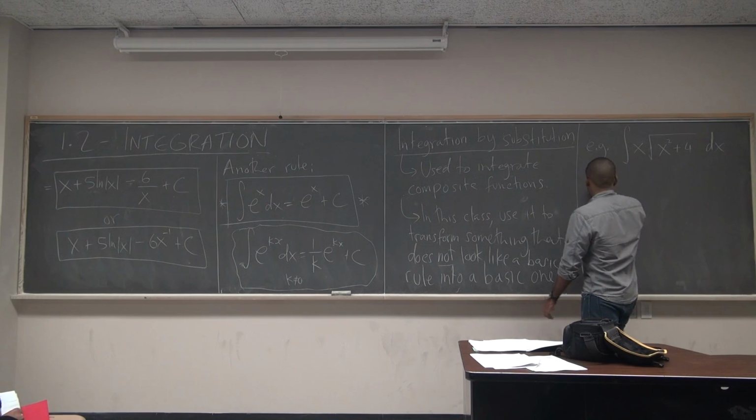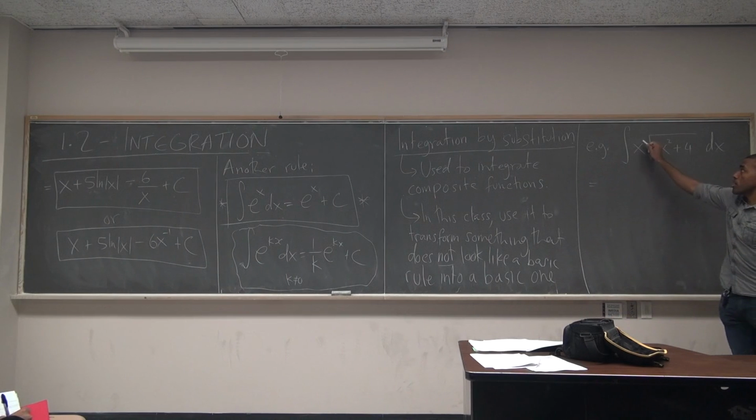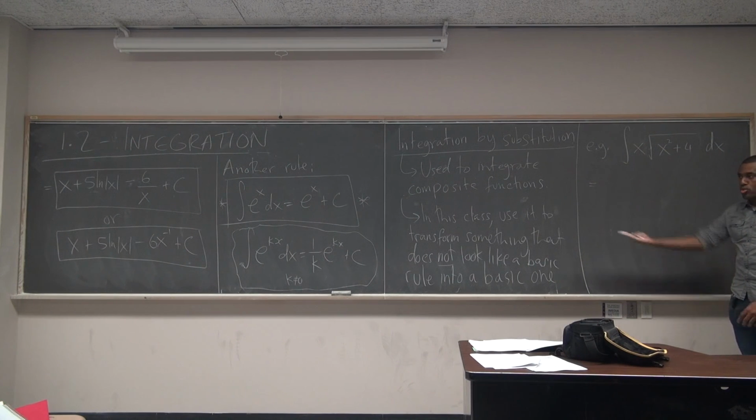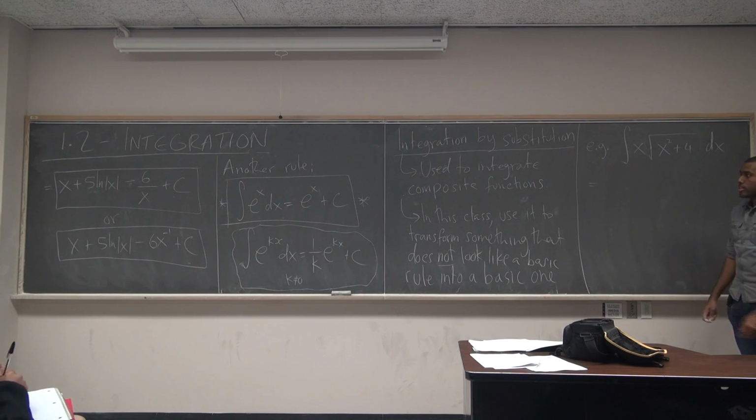Now there's a lot going on here. One, I have a product of functions, right? I have an x times this radical function, so it already doesn't look like any basic rule I have. There's no rule that had two functions multiplying each other, right? Second of all, there's nothing that told me how to deal with a huge radical with all sorts of stuff underneath it. So this looks kind of complicated, looks scary, right?